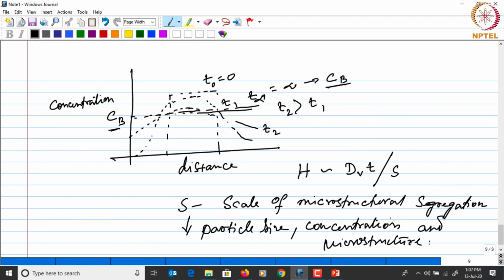Okay. And the homogenization behavior can be shown with a plot like this, where the x-axis is this term and y-axis is homogenization.